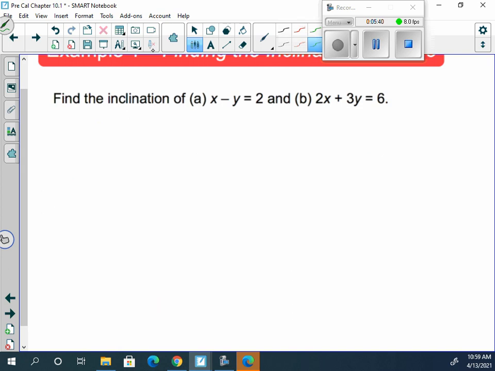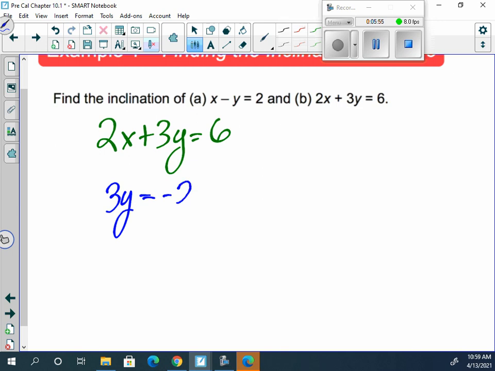Let's look at the next one. 2x plus 3y equals 6. So we would subtract 2x from both sides, which would tell us that 3y is equal to negative 2x plus 6, and then we would divide by 3, which will tell us y is equal to negative 2/3 x plus 2.